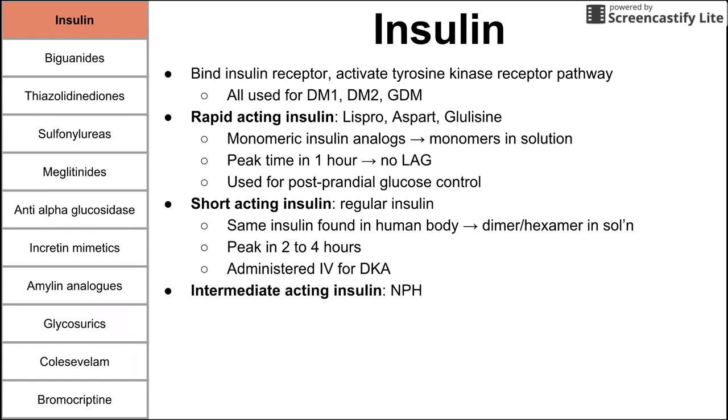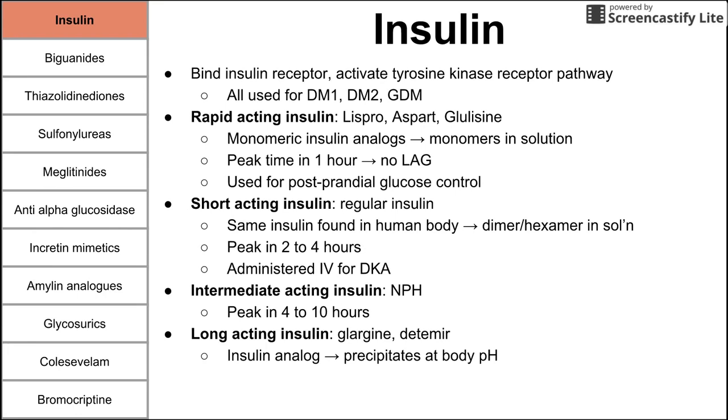Next up is the intermediate-acting insulin. This is called NPH. It peaks in 4 to 10 hours, so an intermediate amount of time before it reaches its maximum potential. But it's not quite as long-acting as the long-acting insulins, which are glargine and detemir, which don't really peak at all. They kind of go in your body, and they even precipitate at body pH, depending on the pHs.